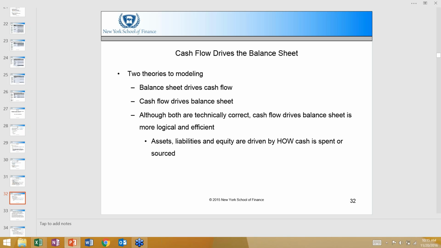CapEx is money being spent to build out your property, plant, and equipment. If you buy an asset, cash is spent, the asset goes up. The opposite happens if you sell an asset. If you sell an asset, assets go down, cash goes up. Again, assets are driven by how cash is spent or sourced.